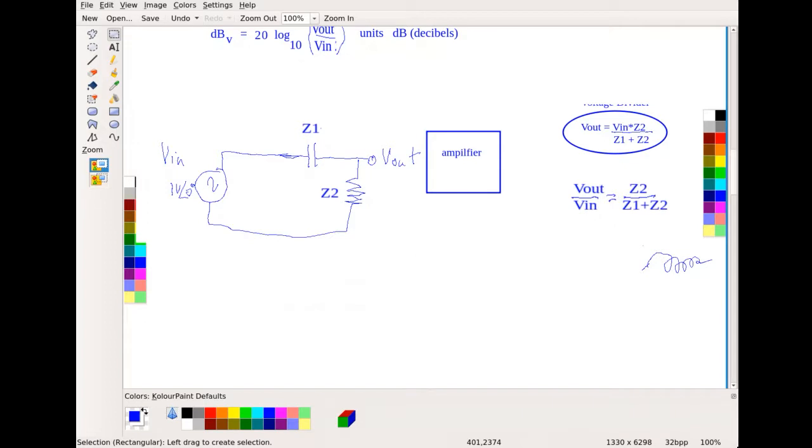All right, so now to Josh's question about distortion. If you have a signal here and you run it through an amplifier, what causes distortion?